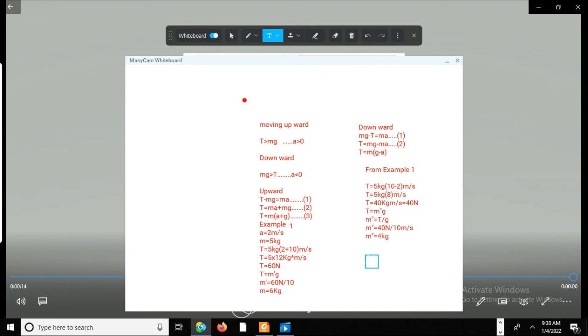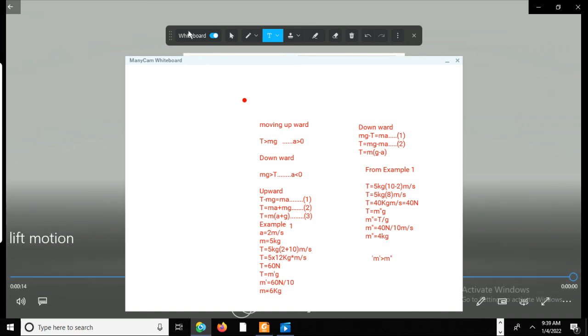So here we can see that M prime is greater than M double prime.